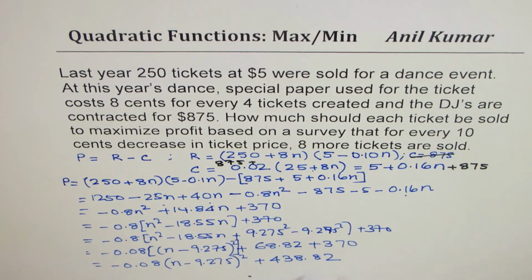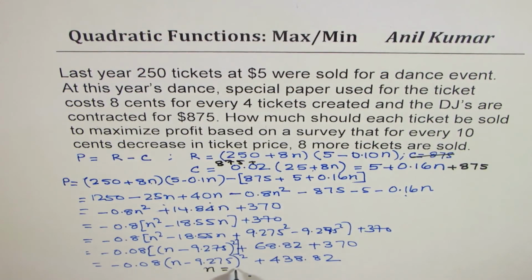So that becomes the profit, and for n the value is 9.275, right? So we can maximize the profit when n is equal to 9.275, correct? Now if n is 9.275, we have to find the cost of the ticket, correct?